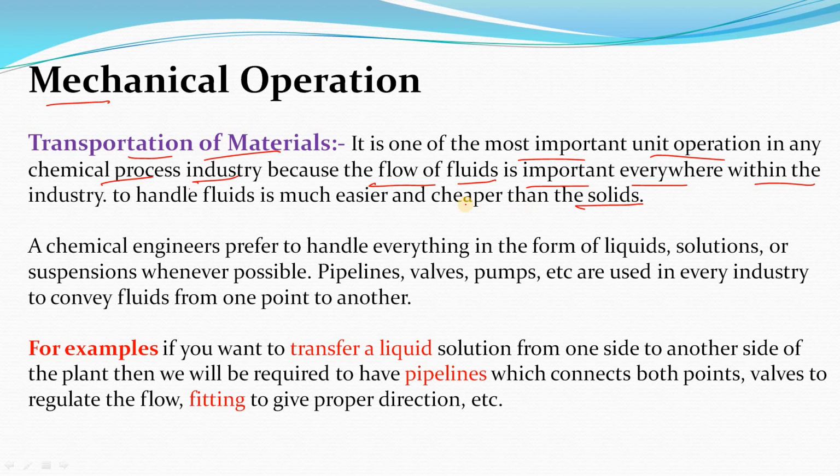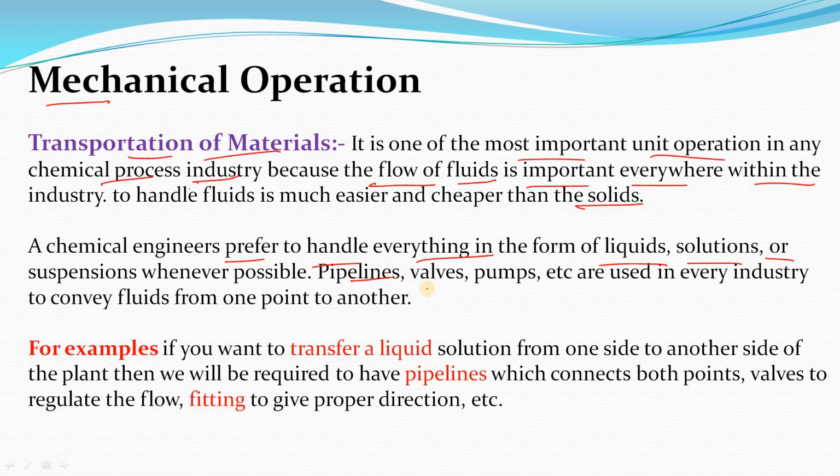If you have to transfer solids from one side to another, or transfer fluids like liquid and gas, liquid and gas are much cheaper and easier than solids. So a chemical engineer prefers to handle everything in the form of liquid solution or suspension, with the help of pipelines.